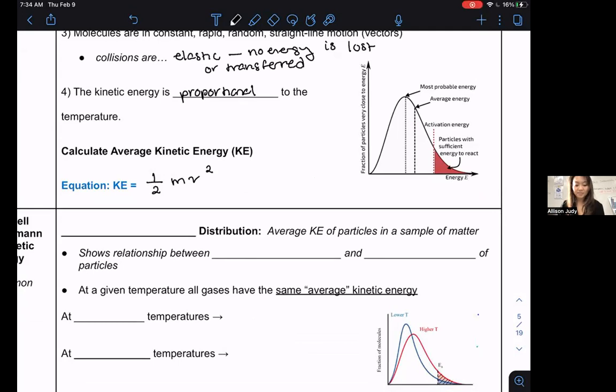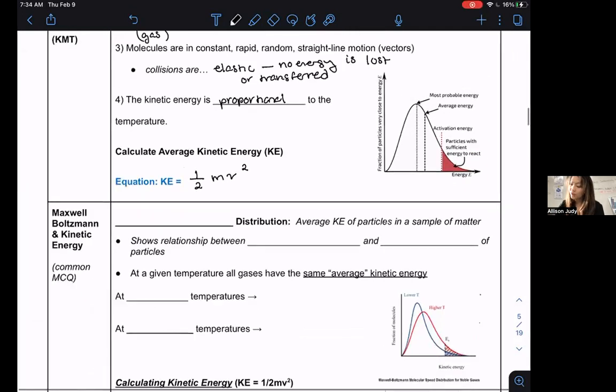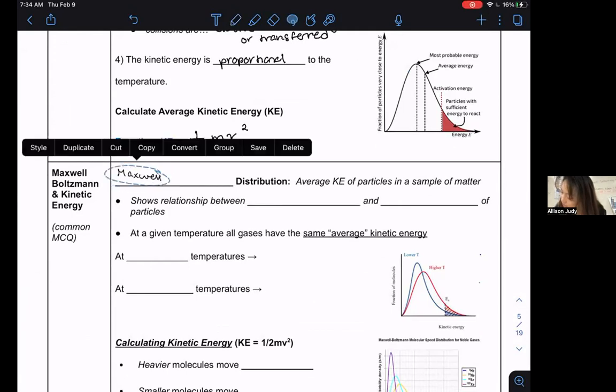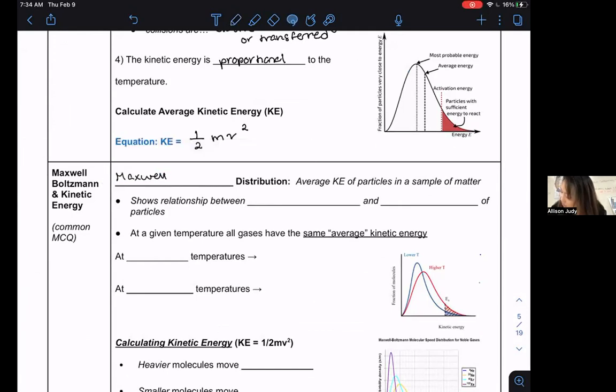We call this curve, by the way, the Maxwell-Boltzmann distribution curve, discovered by Maxwell and Boltzmann.